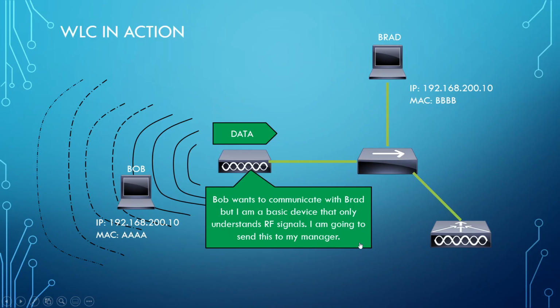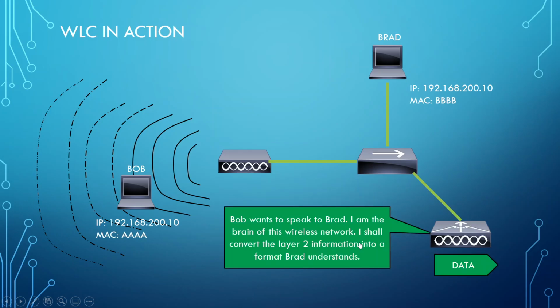However, I'm only a basic device. I only understand RF signals. So I'm going to send this to my manager, who's a wireless LAN controller, who will know how to reach Brad. The wireless LAN controller receives this data and realizes, okay, Bob wants to speak to Brad. As I'm the brain of the wireless network, I know how to reach Brad.